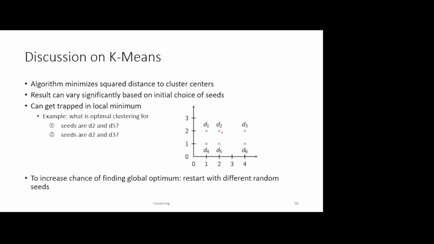So if I want to generate two clusters and the initial cluster centers are at D2 and D5, what happened?